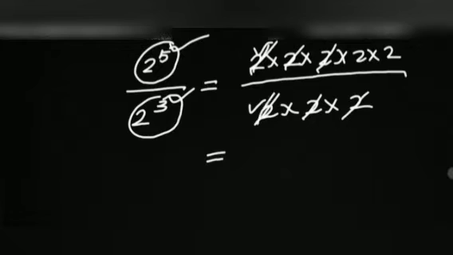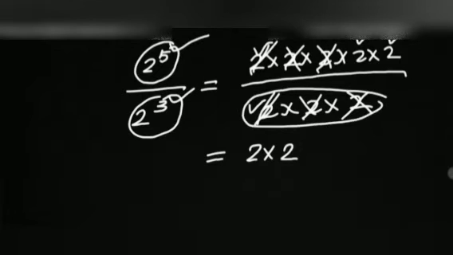This 2 and this 2 get cancelled, this 2 and this 2 get cancelled, and one more 2 is there, here also one more 2, those 2s get cancelled. And what is left? In the numerator we have 2 into 2 alone, and in the denominator nothing is there, means all numbers get cancelled.